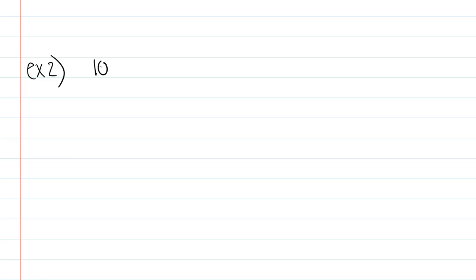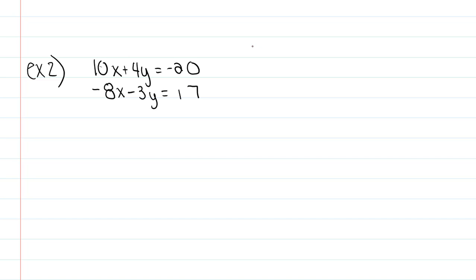In this example, we have 10x plus 4y equals -20 and -8x minus 3y equals 17. In this case, I can see I'm going to have to multiply something because none of the coefficients match. They're not the same or opposites. But 3 and 4 don't really multiply well together. 8 and 10, I can't just multiply by one number.